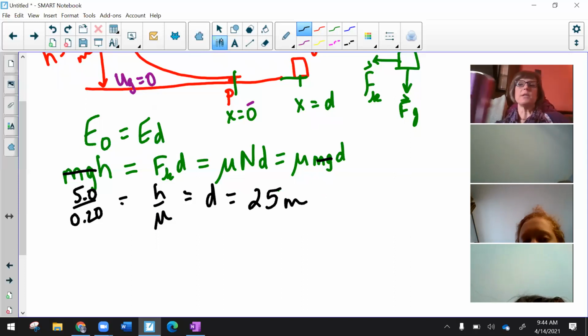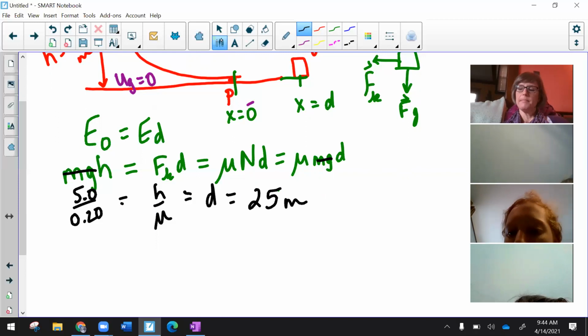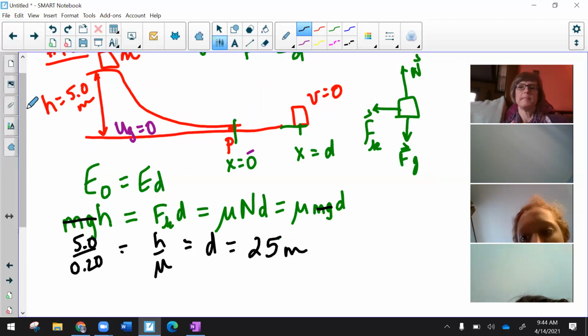Did anybody do this a different way? Lauren, what did you do? I used energy as well, but instead of equating each of the 3 points, I equated point 0 with point P, and that would give m g h equals 1/2 m v squared.